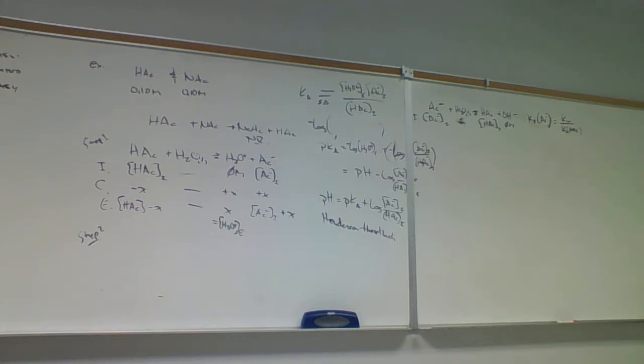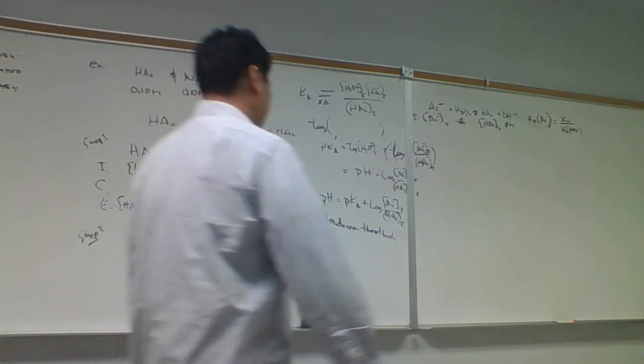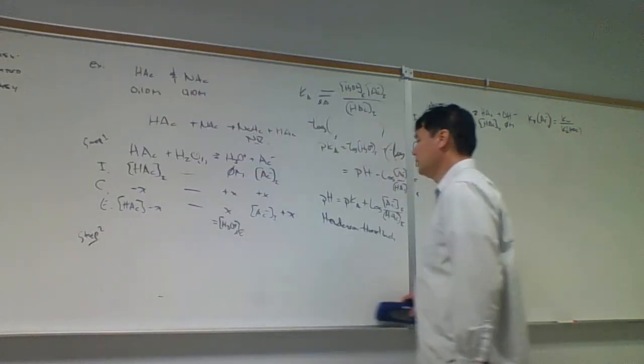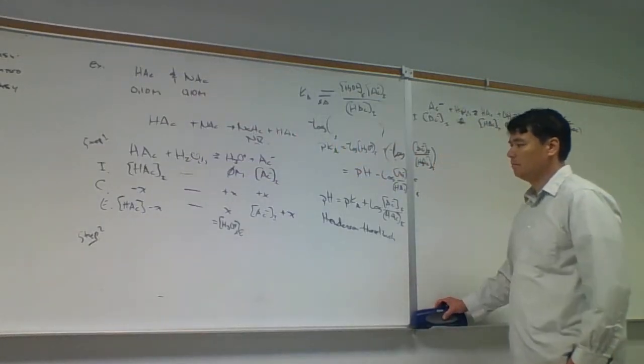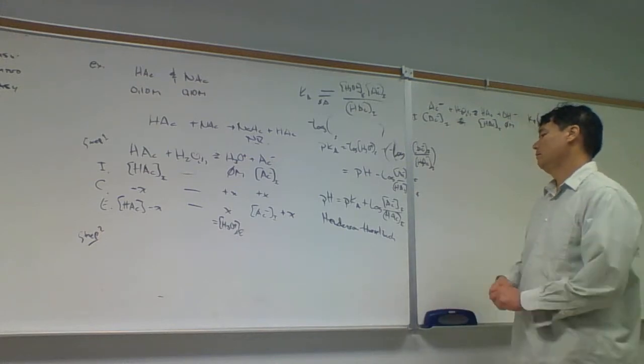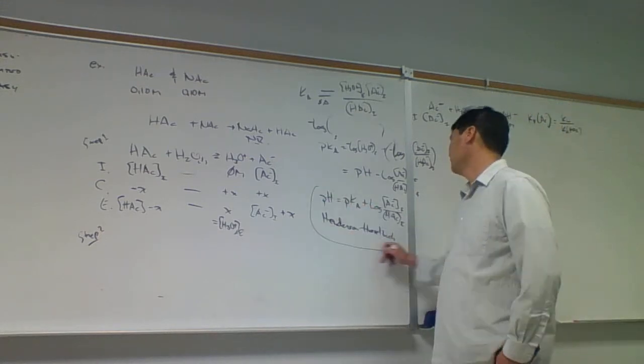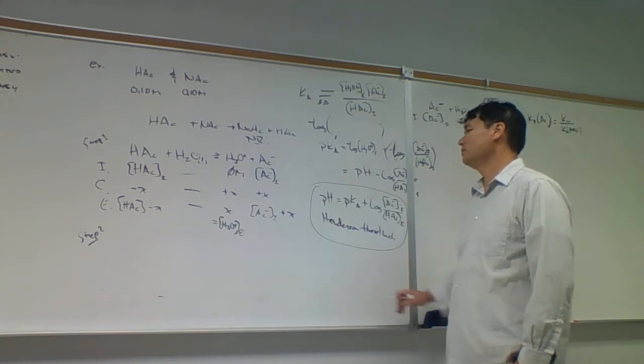Why can I ignore step 2? Well, I could ignore step 2 because KW is so small, it wouldn't be expected to give much hydronium, and therefore we don't even have to do an ice table.